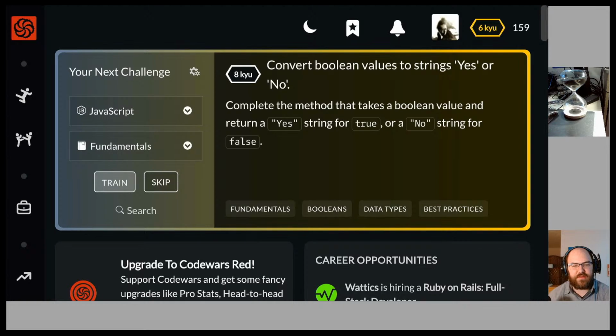Next up, challenge: convert Boolean values to strings, yes or no. Complete the method that takes a Boolean value and returns a yes string for true or a no string for false.